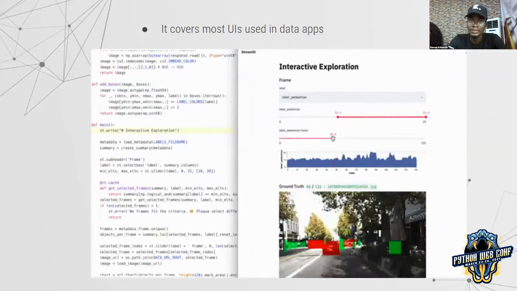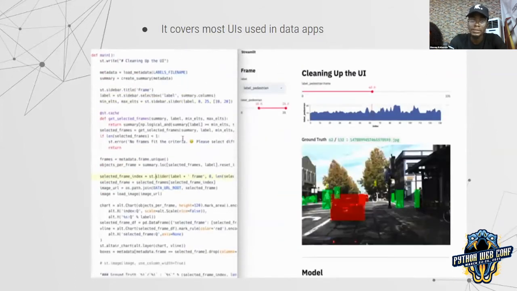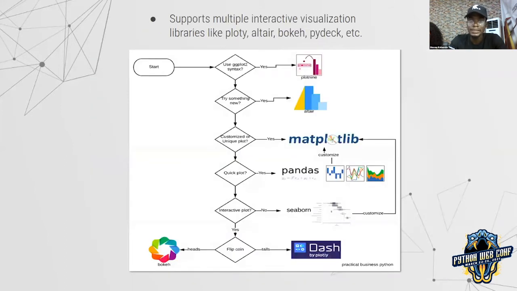Those usually come ready-made with Streamlit. Streamlit also supports multiple interactive visualization libraries, like Matplotlib, Seaborn, Bokeh, and Plotly. Streamlit supports every one of them out of the box.